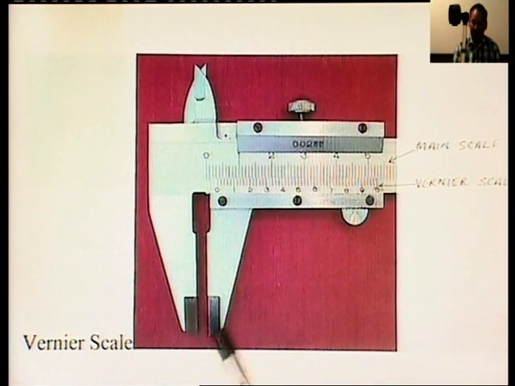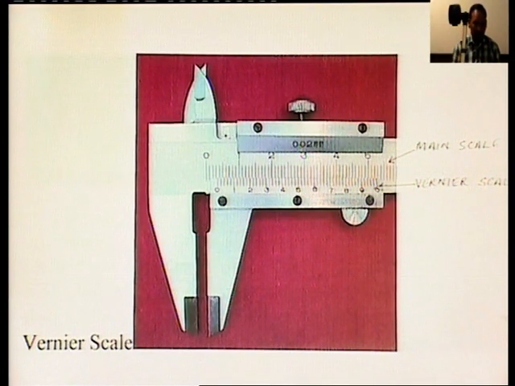These jaws are used for measuring the outside diameter of the object. While moving the movable jaw, excessive pressure should not be applied. To avoid this, move the jaw with a light touch. The sliding jaw must be clamped before taking the reading to ensure its squareness.